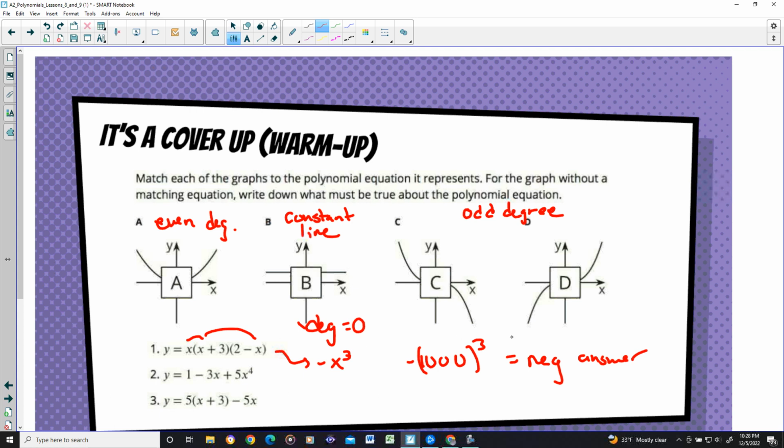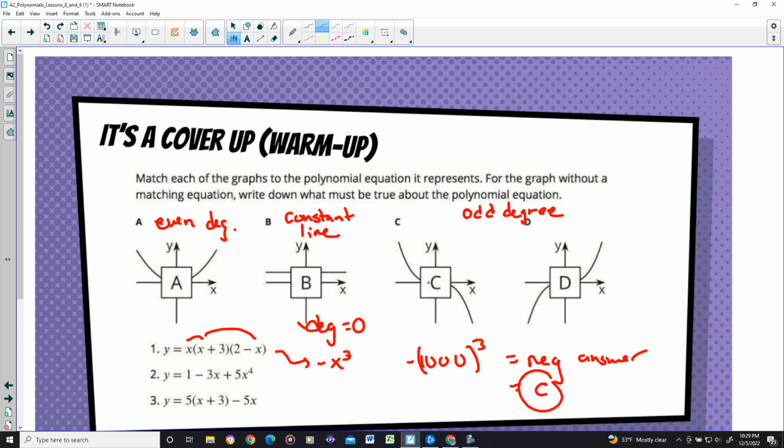And you can prove that by plugging in 1,000 even into this function. You get 1,000 times 1,003. Okay, that's still positive, times negative 998. And so your answer is going to be negative. So positive x, negative y, which is it? Is it C or is it D?